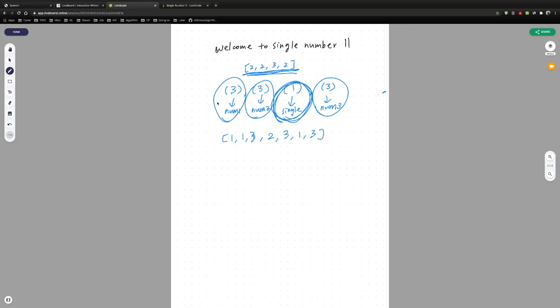If we use our eyes, we can already know that our single number is 2. But the not-single numbers are 1 and 3.